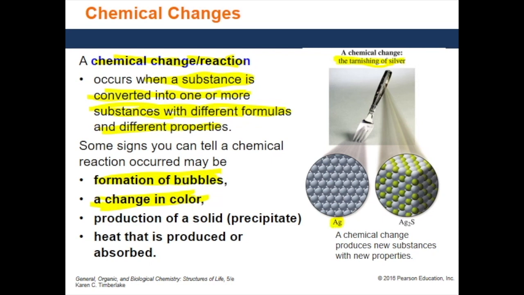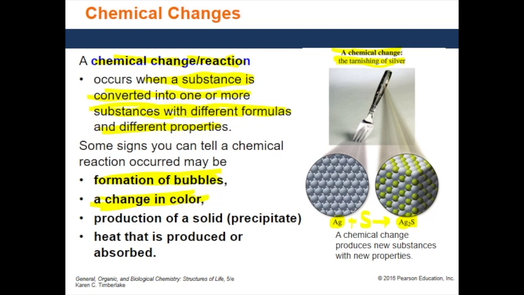Silver, which is a very shiny metal, is reacting with sulfur and changing into silver sulfide, and this new substance is green or blackish in color, and that's why it covers the shiny silver with its blackish or greenish product. So this is called a chemical change. Usually, whenever a color change happens during a reaction, that is an indication that it is a chemical change.